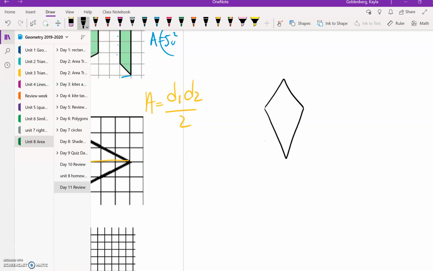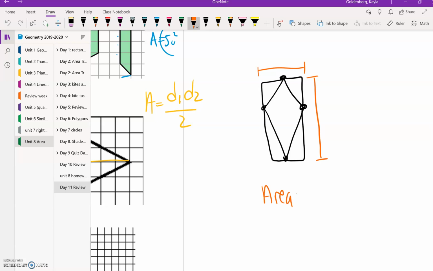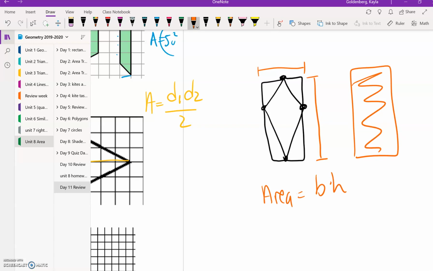If I draw in a box where I hit every single point on my kite, to find the area of this box you would do a rectangle, your base times your height. That would be the whole big box. Now we don't want that whole big box, right? We only want half of it.